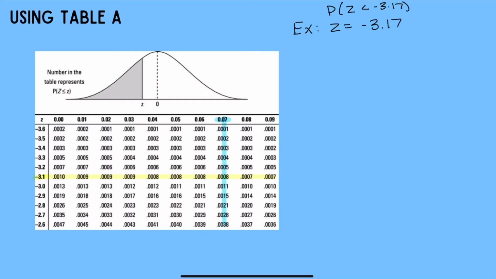And what we're going to find is that that row and that column will match up with one probability in particular. So using table A, this will get us a probability of 0.008. And that'll get us the probability of less than that z-score.